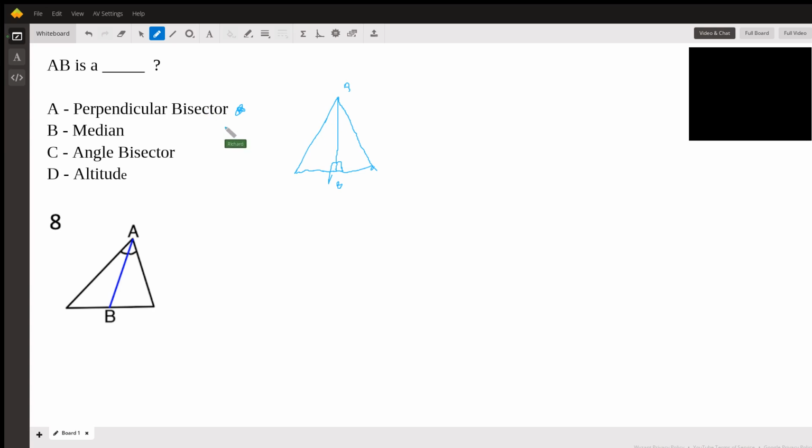But since I'm here, I'll just mention if it were a bisector, these two line segments would be congruent, but we can rule it out on the basis of not being perpendicular.